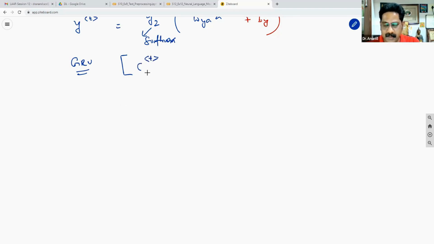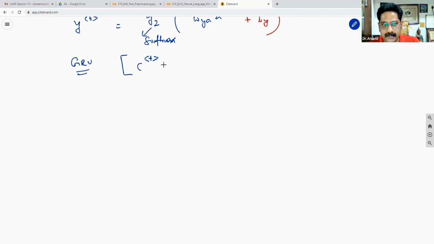Logically, it is the same as what A(t) is doing, but only the notation is different, just to quickly identify that this is related to either GRU or LSTM. So both GRU and LSTM are going to use this C(t) notation.